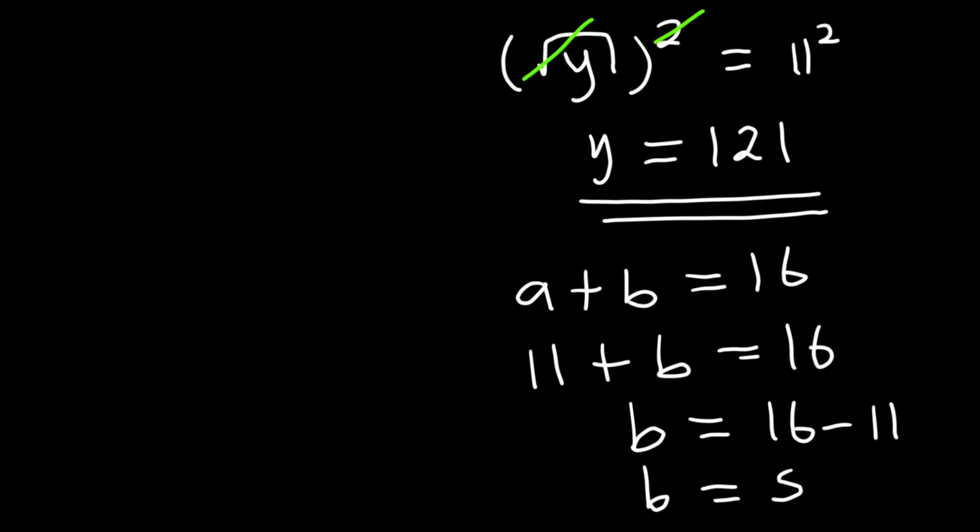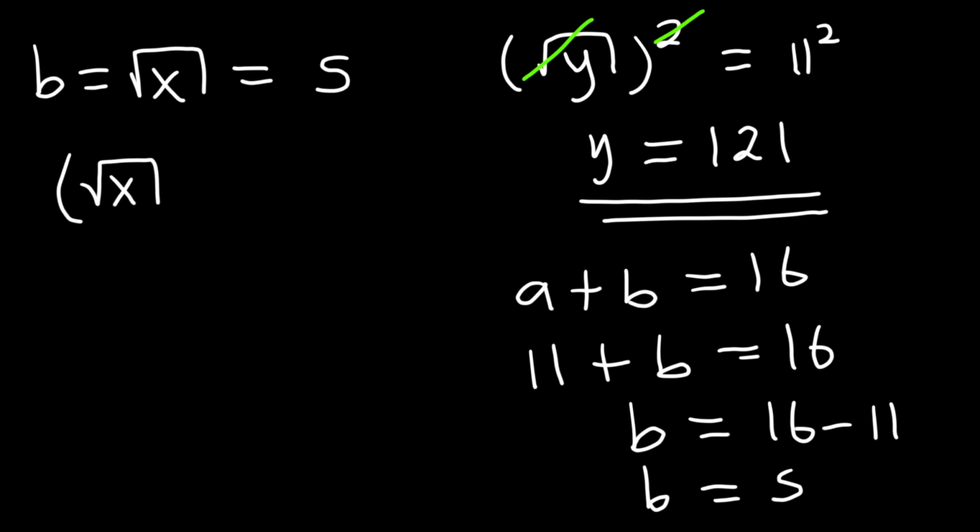And we had set b to be equal to the square root of x. And so the square root of x will be equal to 5. If we square both sides, these two will cancel with the square root. And so we shall have x equaling 5 to the power of 2, which is 25.